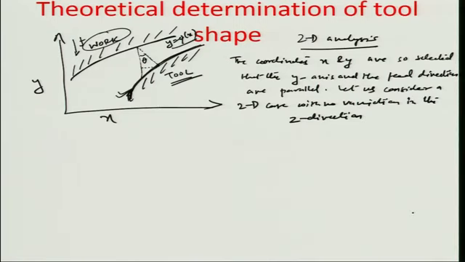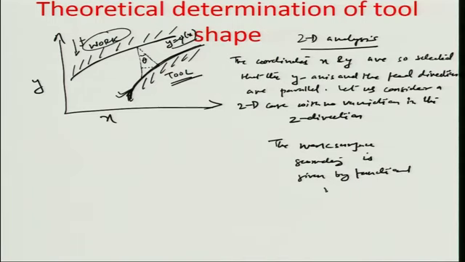So the work surface geometry in this particular case is given by a functional relationship y equal to some phi of x.